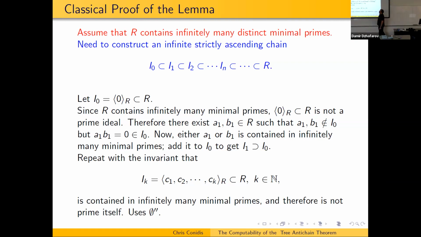All right, this strategy, this scheme here, it uses the double jump. If you wanted to do this uniformly, you would need to use something like the double jump here. Right? Because the double jump tells you which of these elements, A or B, is contained in infinitely many of your minimal prime ideals.